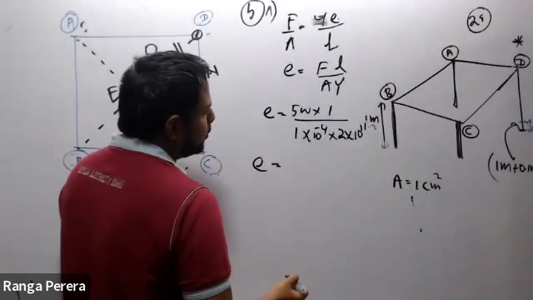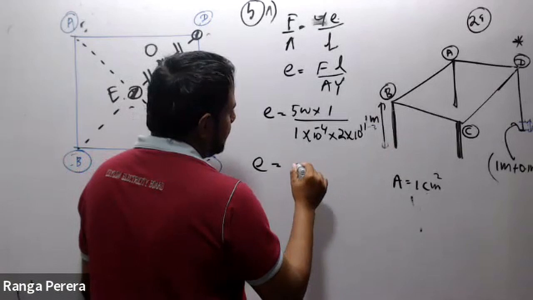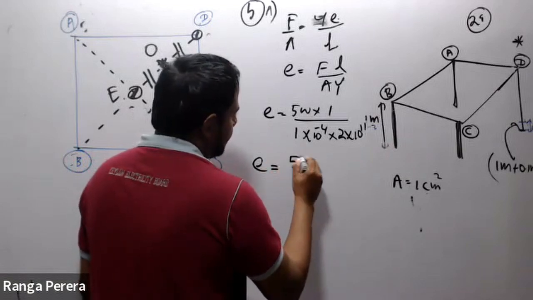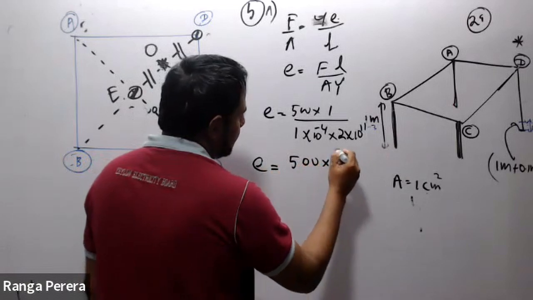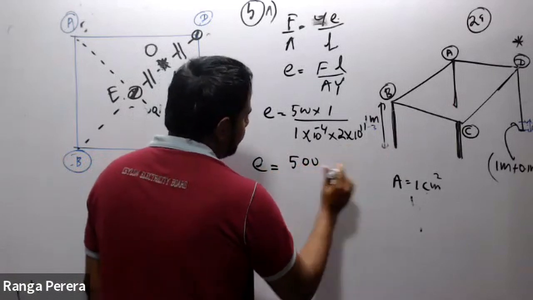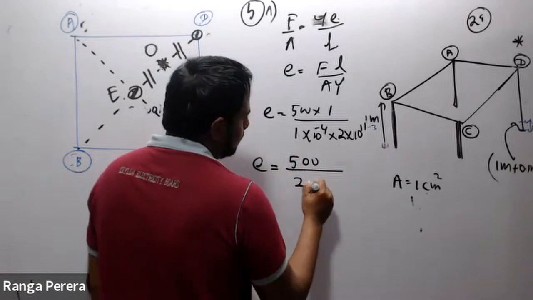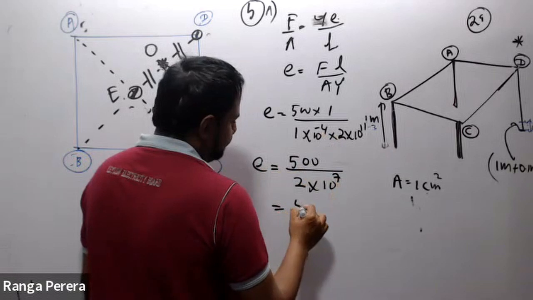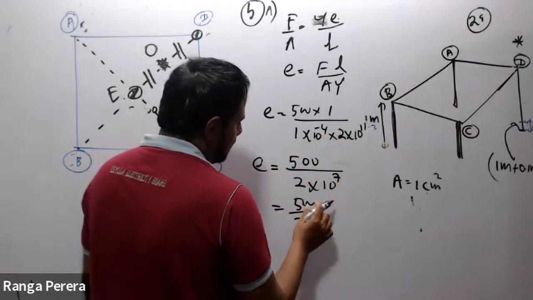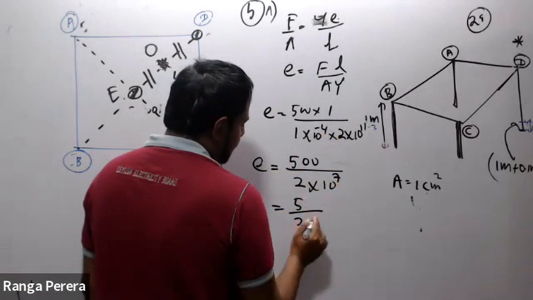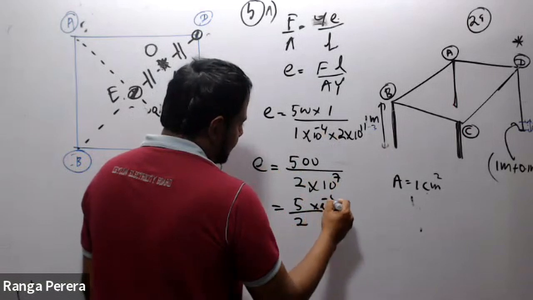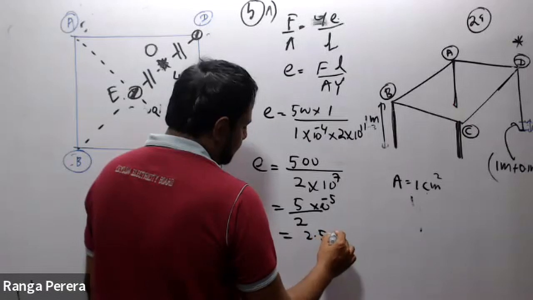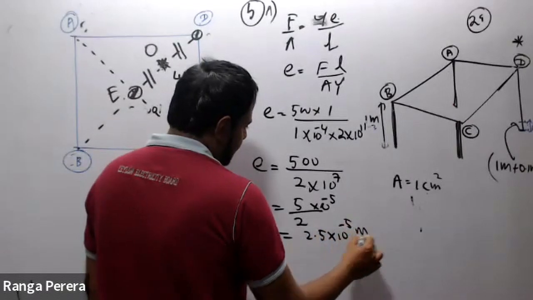So delta L equals 500 divided by 2 times 10 to the power 7, or 5 by 2 times 10 to the power minus 5. It is 2.5 times 10 to the power minus 5 meter.